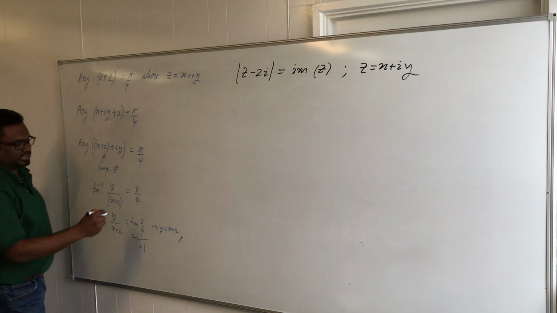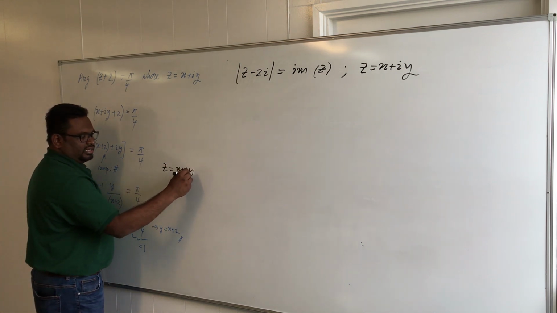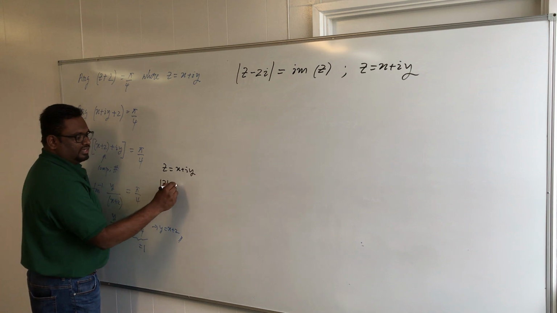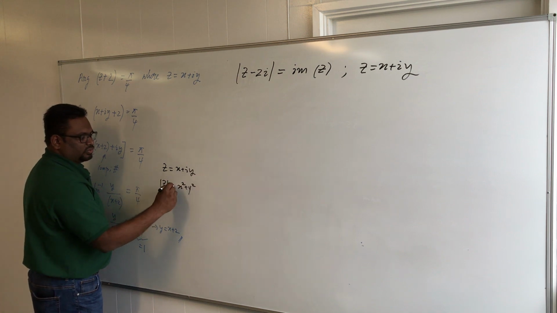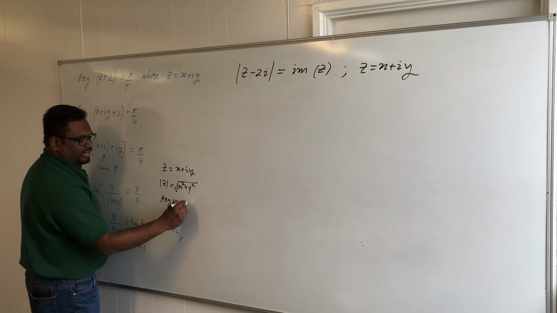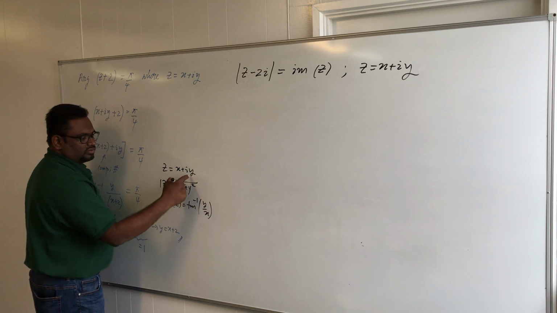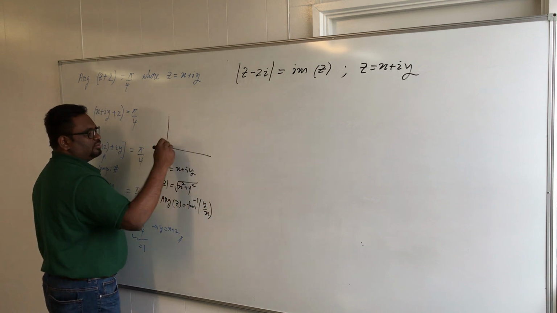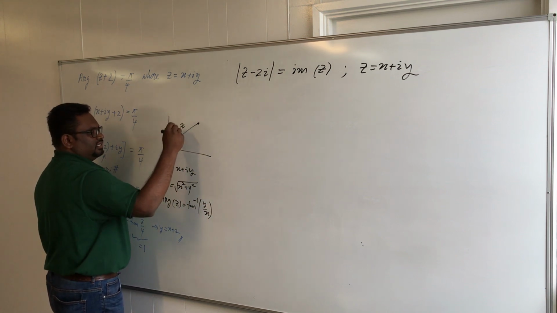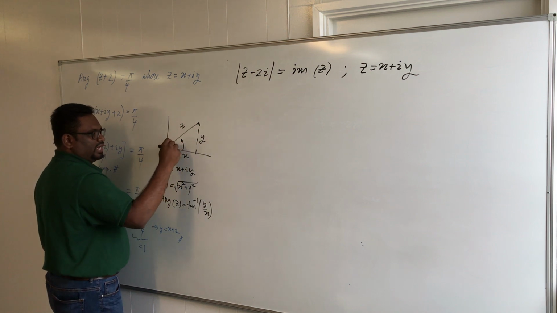The reason is, if you have z equals x plus iy, the mod of z is defined by the square root of x squared plus y squared. The argument of z is defined by tan inverse of y divided by x. Why? Because in the Argand diagram you define it like this: this would be x, this would be y, and this is your angle theta.